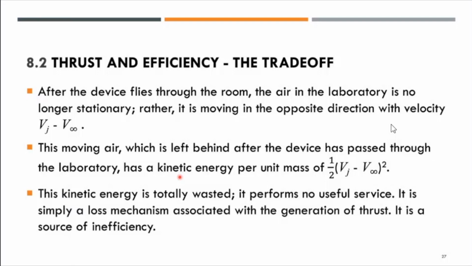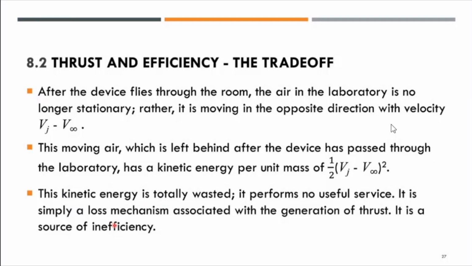This is what we call the kinetic energy per unit mass. We have one half times the difference between the velocities, vj minus v infinity, squared. This kinetic energy is totally wasted because it performs no useful service to the vehicle itself.